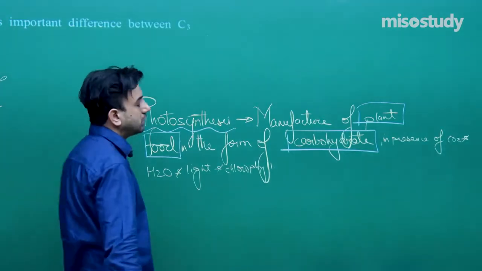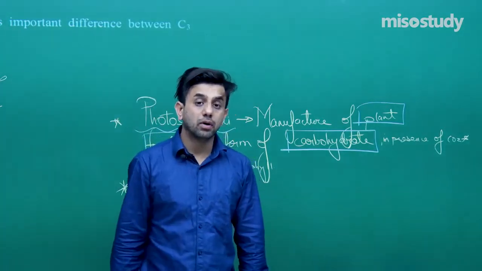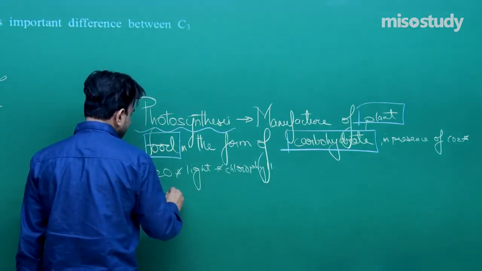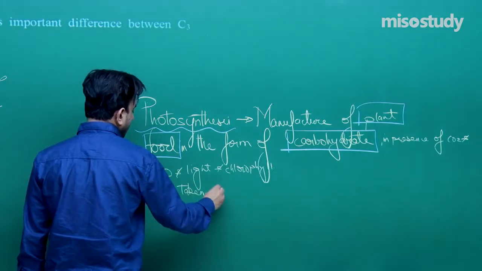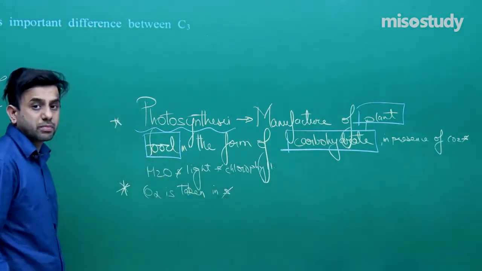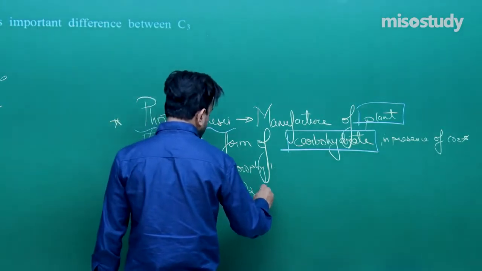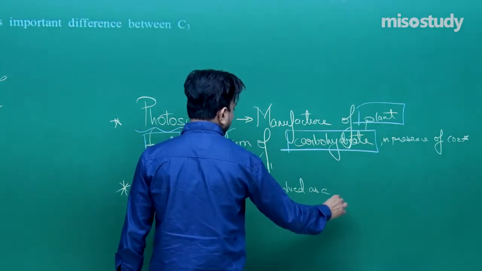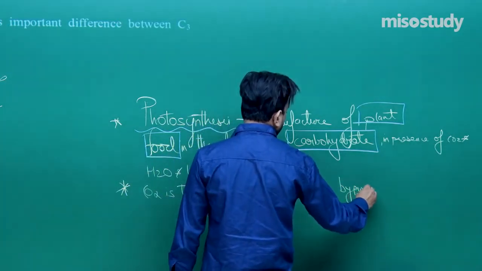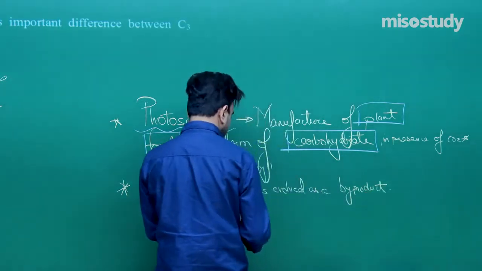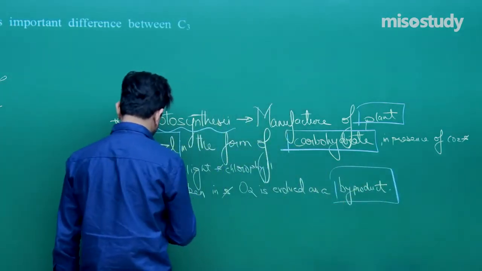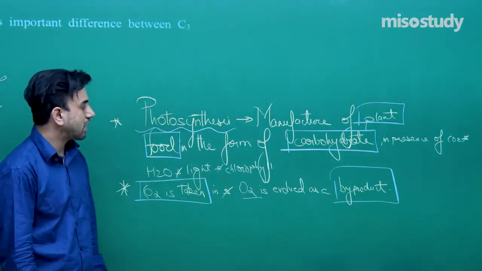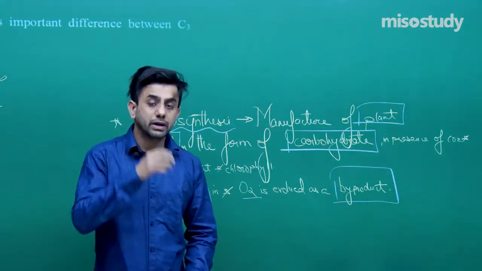So what we see here is that carbon dioxide is taken in and oxygen is evolved as a byproduct during the process of photosynthesis, right?